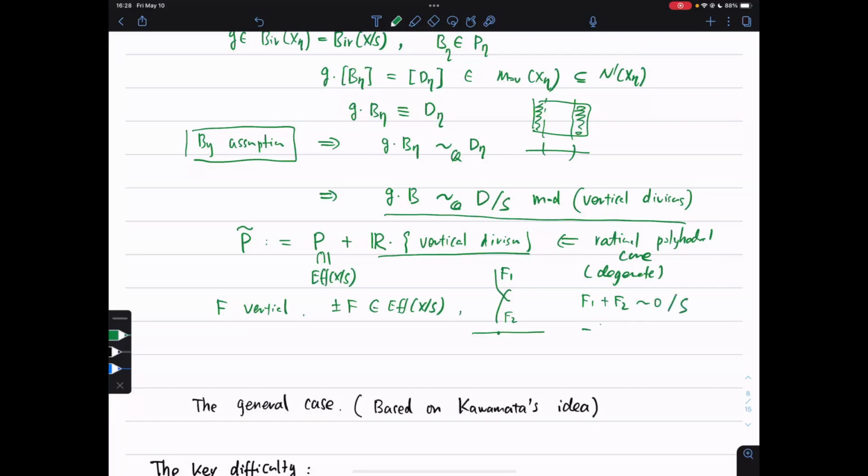So automatically minus F1 is linearly equivalent to F2, which means it is also effective. So the advantage for vertical divisors is you can freely add a plus or minus sign before them, and you will always get an effective divisor inside of the relative cone. So after these operations, we get a rational polyhedron cone that also lives inside of the effective cone.